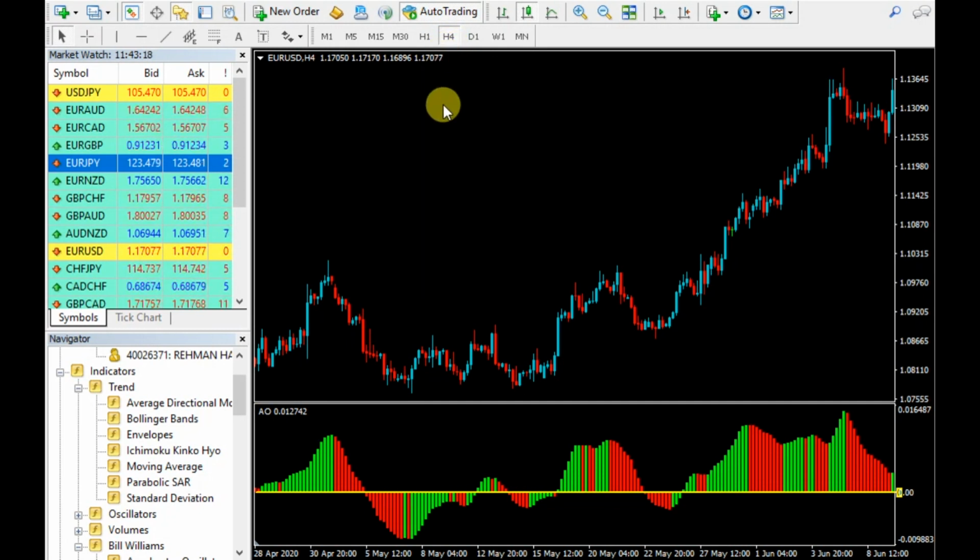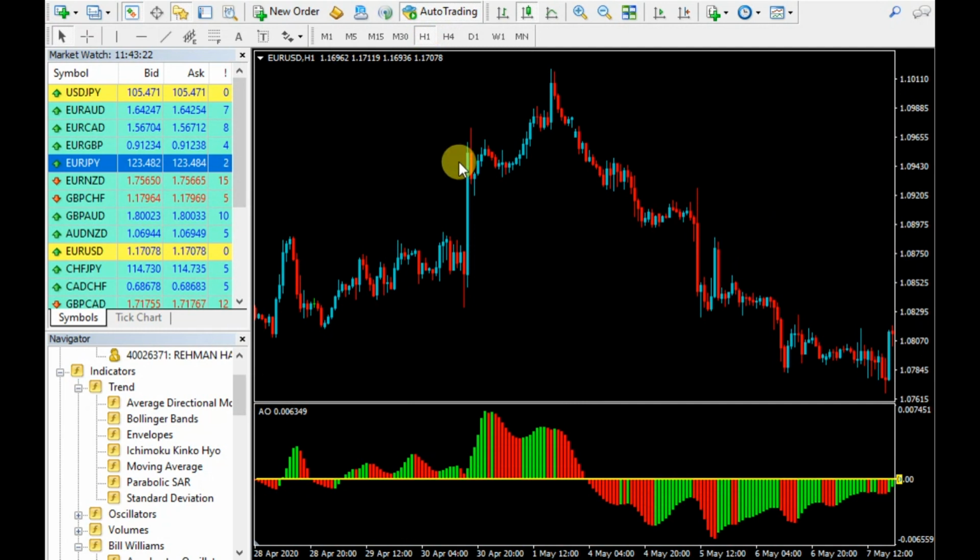So the best timeframe for dealing with the awesome oscillator on this strategy is going to be H1. We will not go with H4, because if we go for H4, we will get very few trades throughout the day, because of course it's H4 and you have to wait for a 4-hour candle.